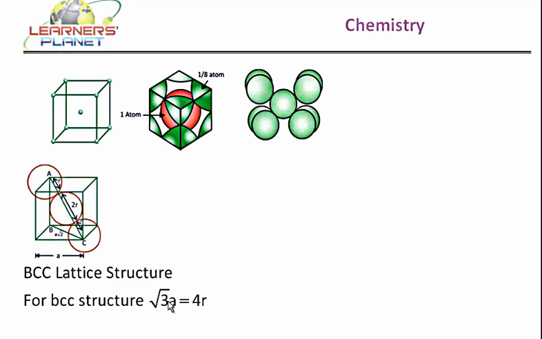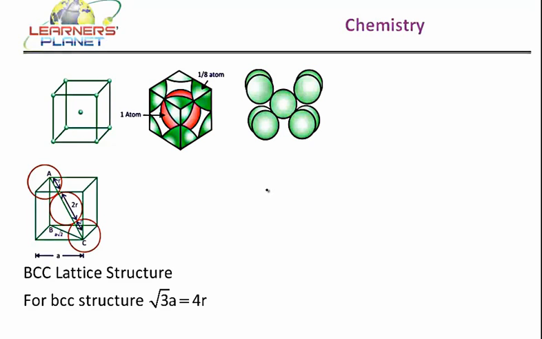Now what is a over here? a is the edge length of the unit cell, that is this length of the unit cell. Right? And r is the radius of the particle. Now what is the edge length given? The edge length given is 351 picometer. So what can be done is just put the values in the formula and you'll get the answer.